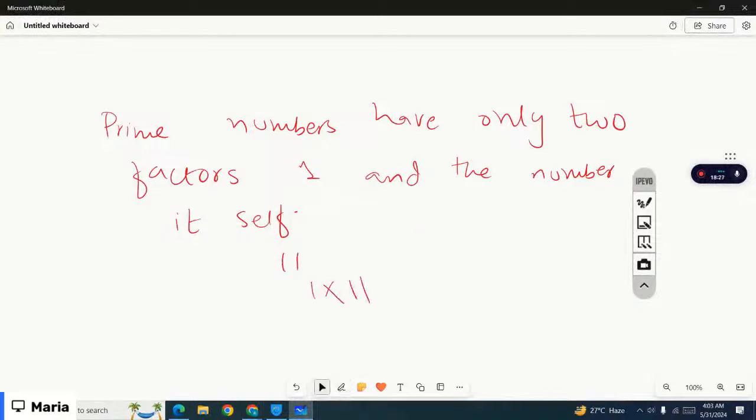Do we have any other numbers that when multiplied make 11? No. That means 11 is our prime number.